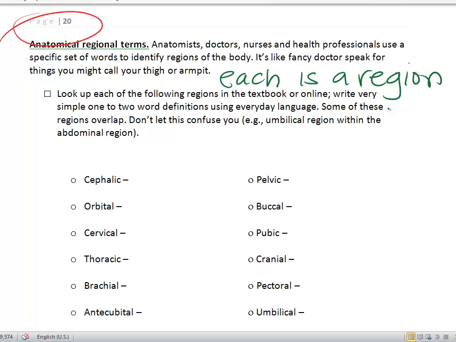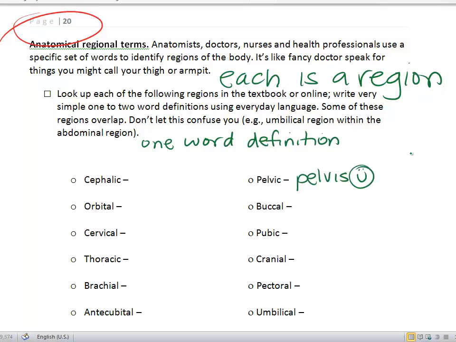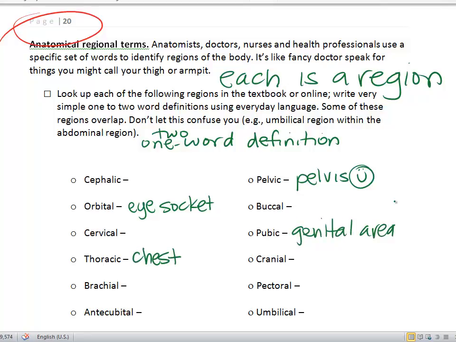So for each of these, they're basically an anatomical region. You could say for each of these and add the term area or region. But I want you to try to look them up in textbooks, just Google anatomical regions and try to write a 1 or 2 word definition that gives you an idea in your mind where we're talking about.